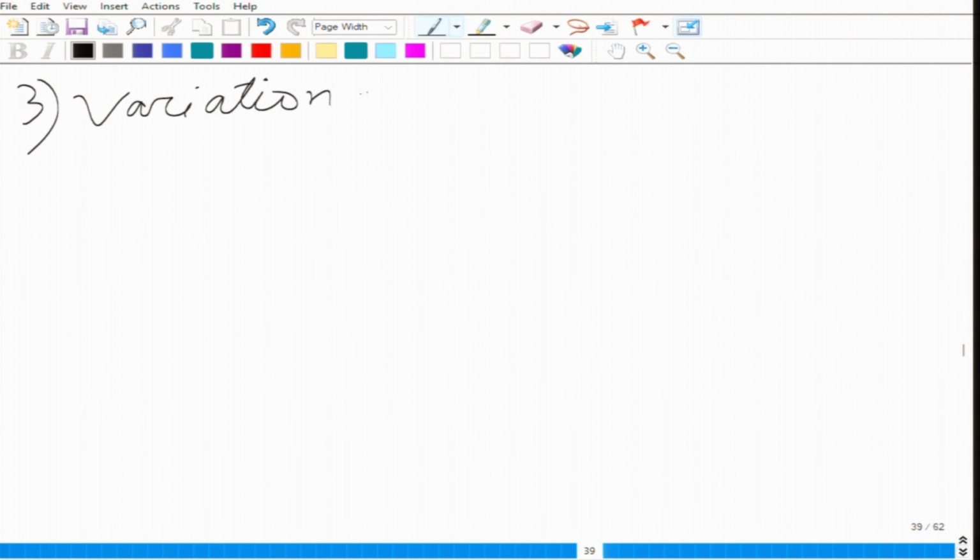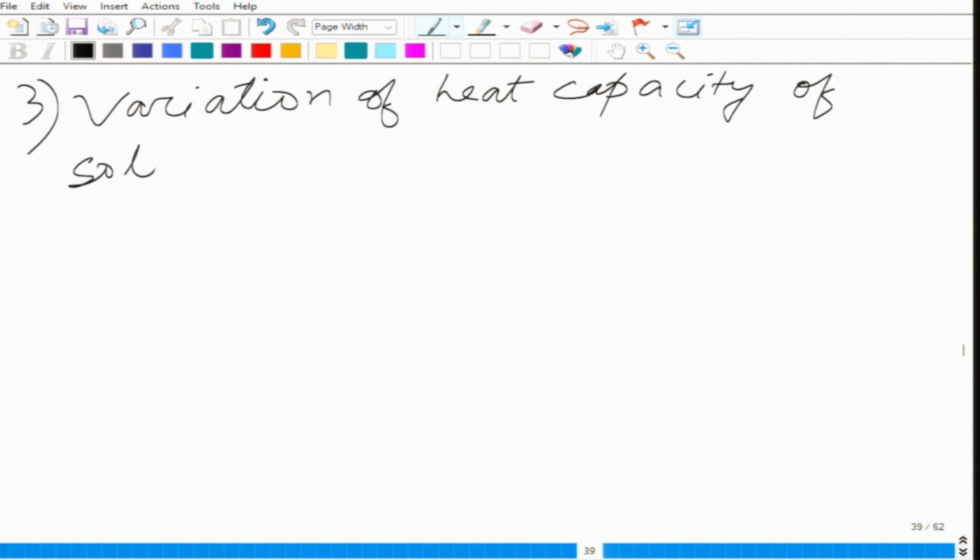And the third factor was variation of heat capacity of solids as a function of temperature.